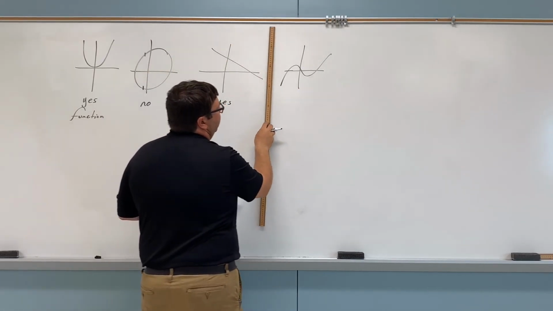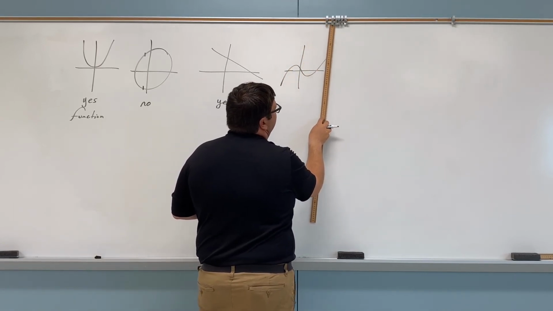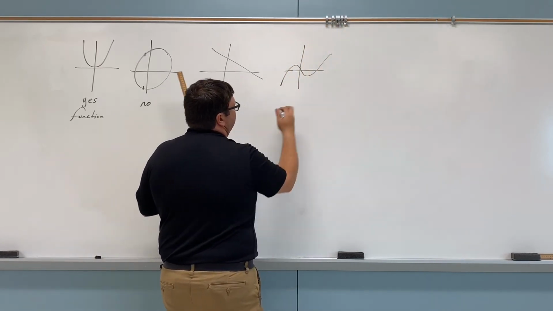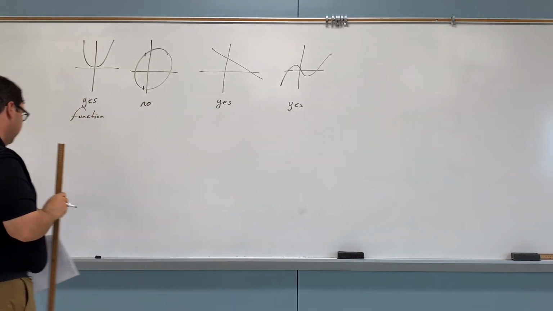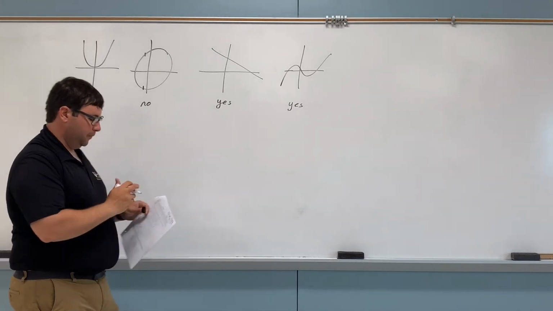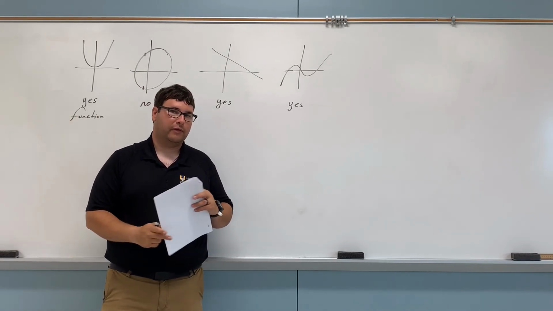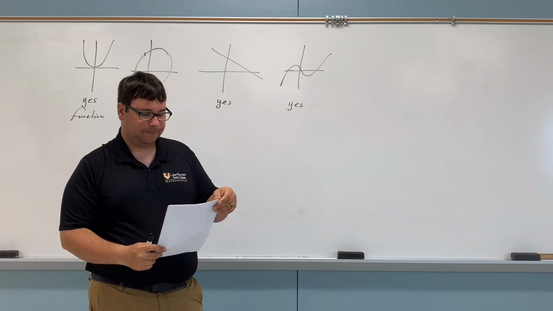What about this squiggly looking line? As you move left to right, yes, it is a function because there are no repeating x values. So as you're trying to determine whether or not a graph is a function, you can use that vertical line test. It's very effective, very quick, and very easy to use.